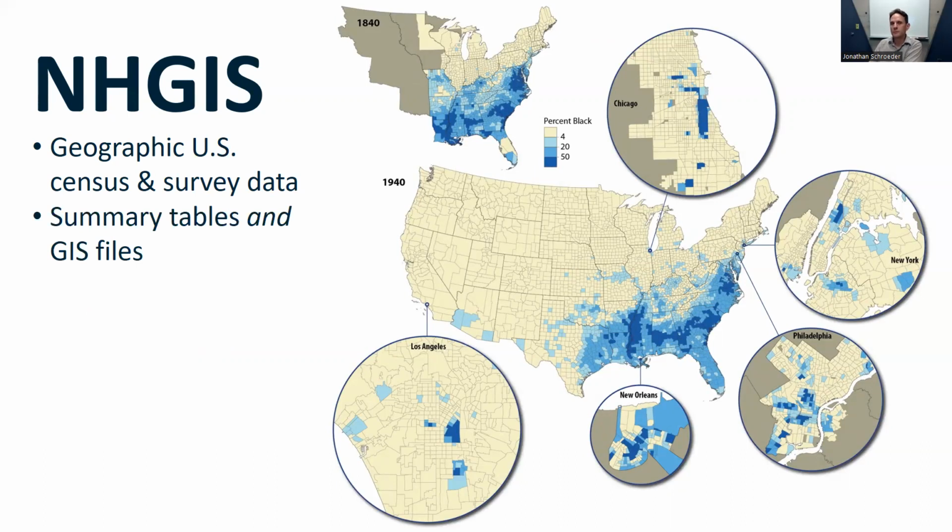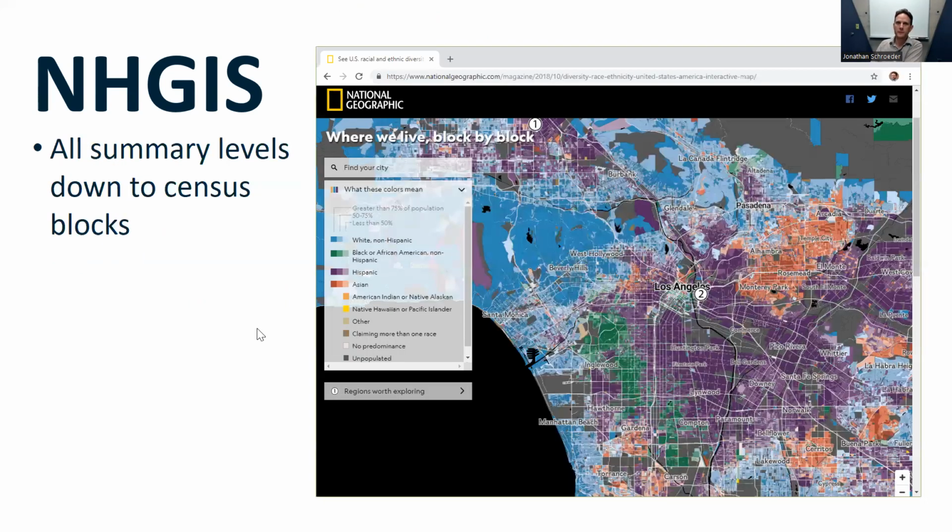We provide both summary tables and GIS files all the way back to 1790. That's where the H in NHGIS comes from. It is a historical project, but it is also a contemporary project, and we try to keep it up to date with the most recent census and American Community Survey data. So you can use it to get data right up to the present.